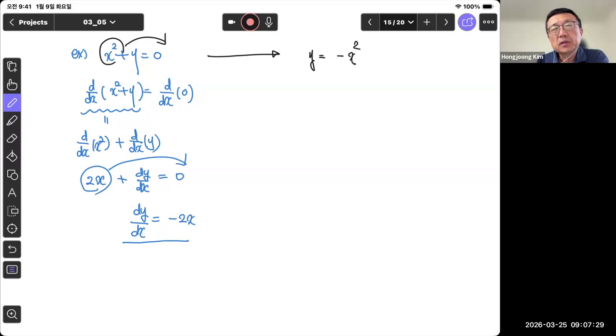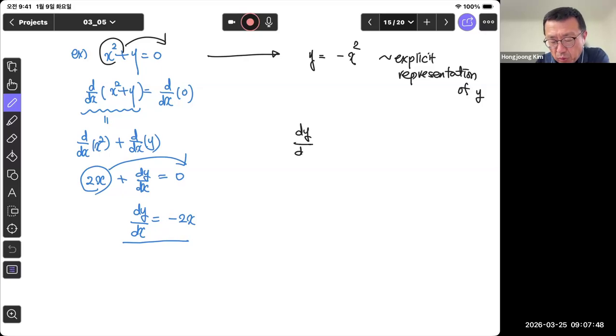That is an explicit representation of y. In that case, if I want to find dy dx, or y prime, you can just differentiate the right hand side, right? From this, we simply get negative 2x.